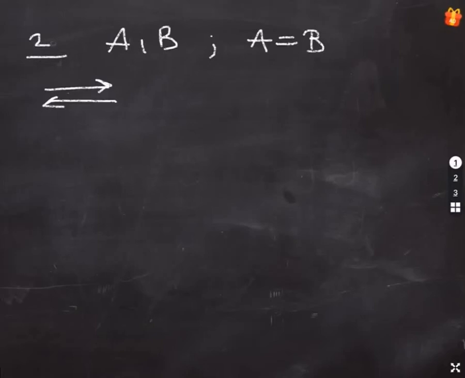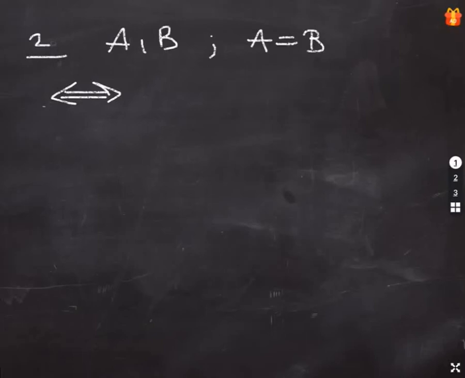equality of sets. We say that two sets, A and B, are equal, so that A equals B, if and only if, which means that we have two arrows, one going this direction and one going that direction, and that is equivalent to just drawing this kind of arrow. If and only if for any element of A that you might consider, that element is going to be contained in B and the other way around.